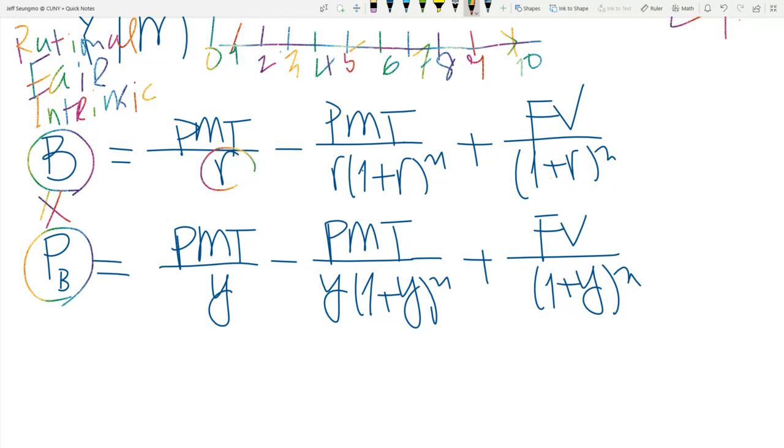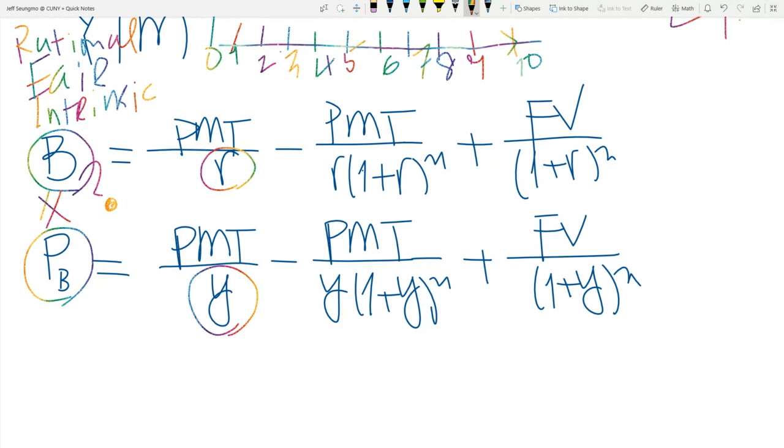And then, on the right-hand side, the symbol for the discount rate is R in the upper formula, and the symbol for the discount rate is Y in the bottom. And what's the difference? First of all, in the upper formula, B is the unknown, isn't it right?